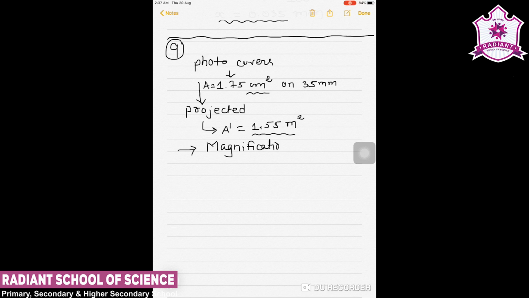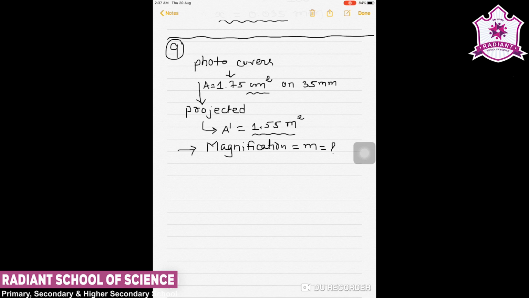Now see here, what is the important part? We have to find out whether it is areal or linear magnification. Here we are given information regarding area.